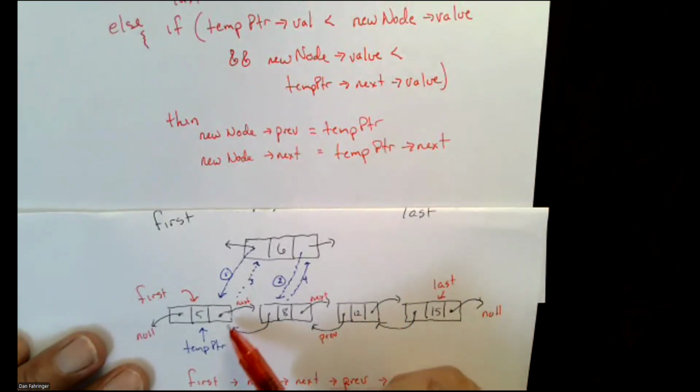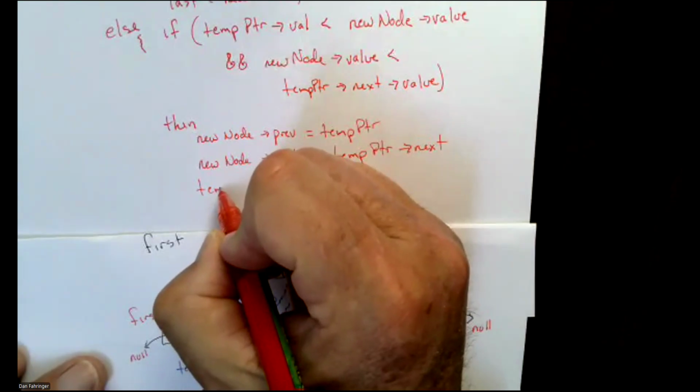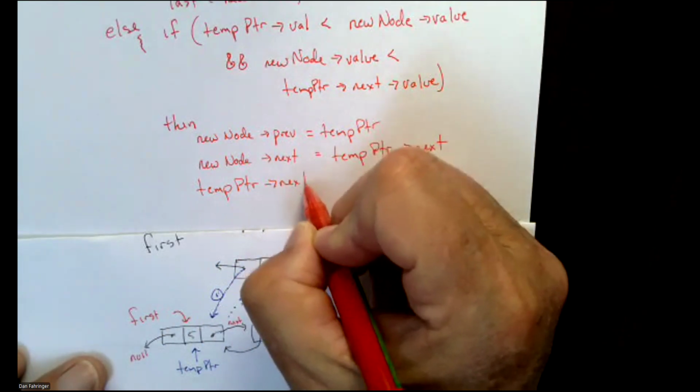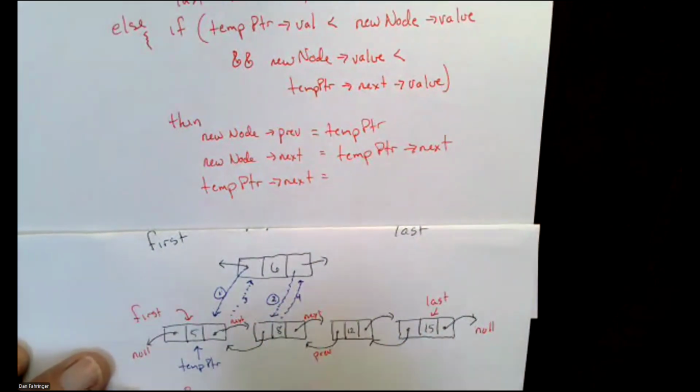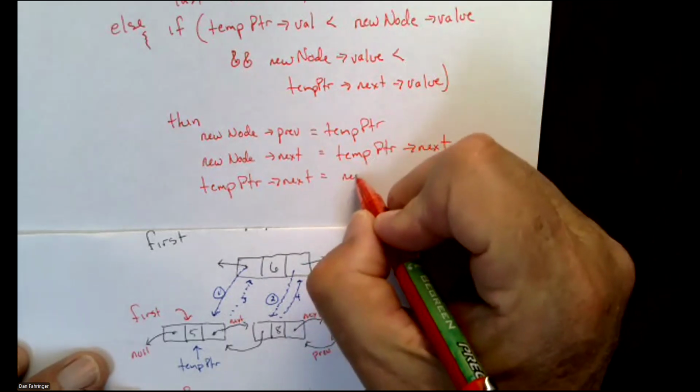Next up, I want to take care of this line, which is temp pointer's next. It is going to get the value of, what's this guy's address? New node. New node, good.